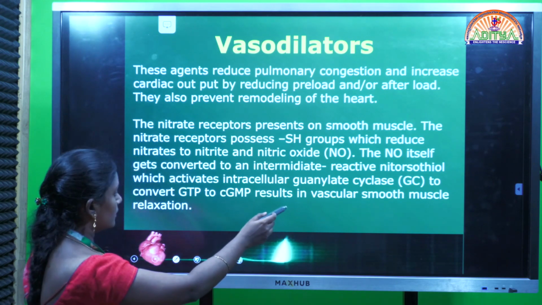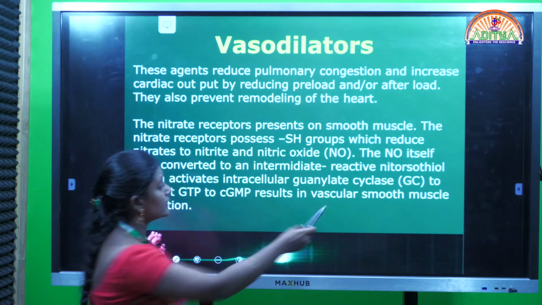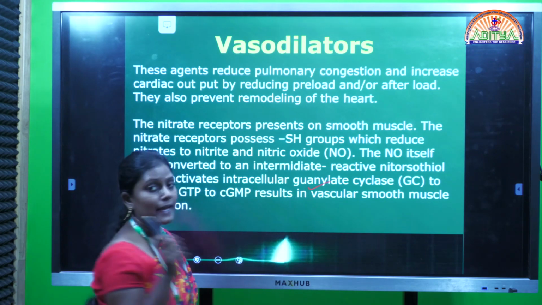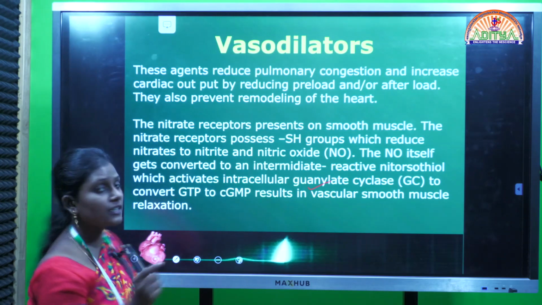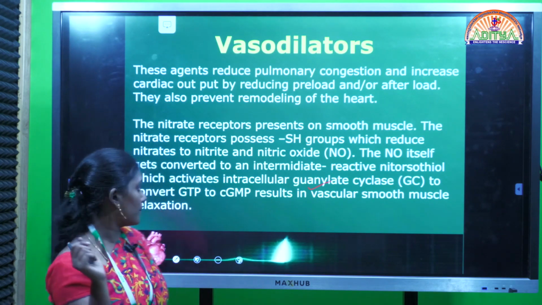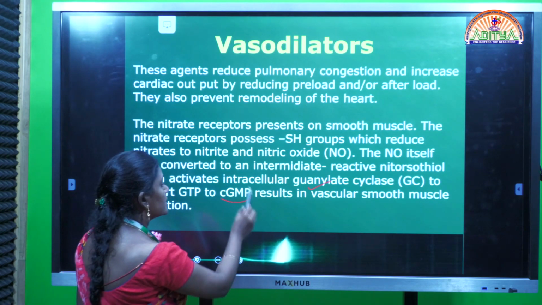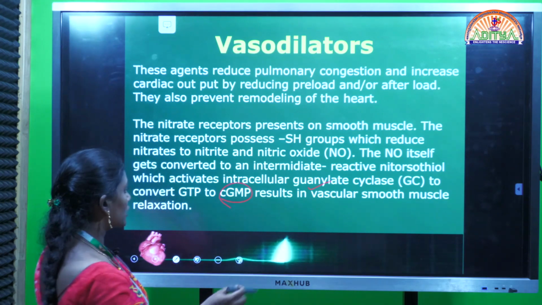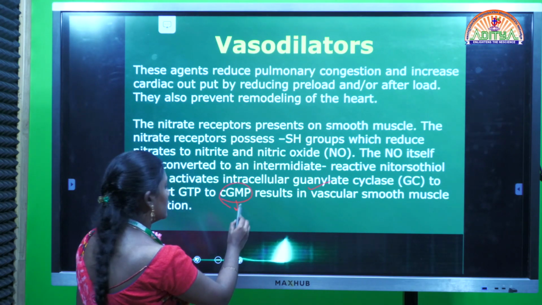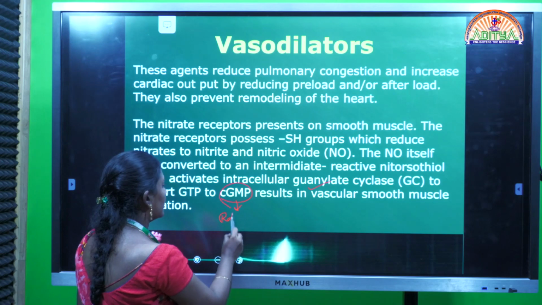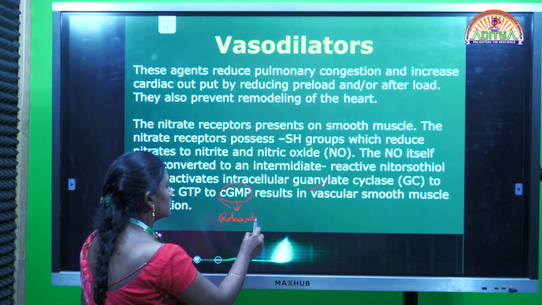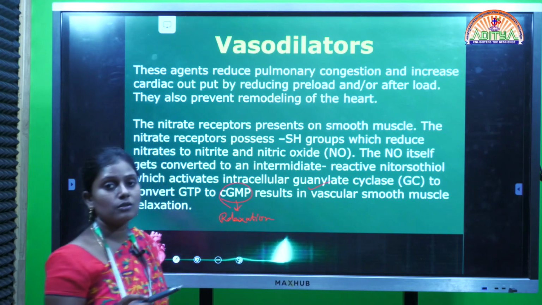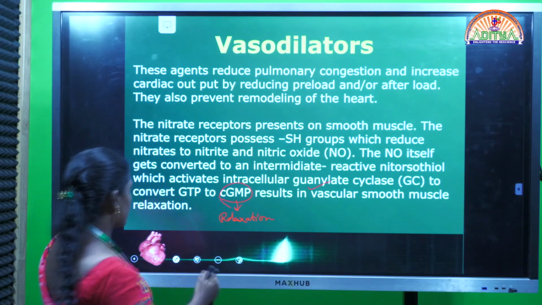Mainly they activate the guanylate cyclase enzyme, which is the main enzyme that converts GTP to cGMP. Okay, what happens if cGMP increases? That will lead to relaxation of smooth muscles, thereby the pressure decreases.